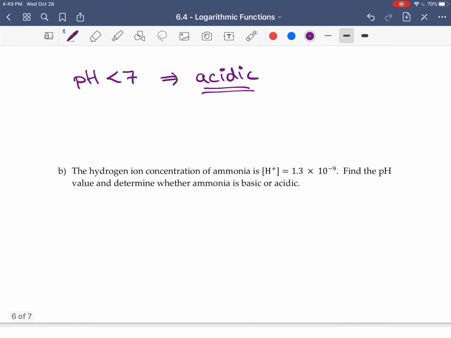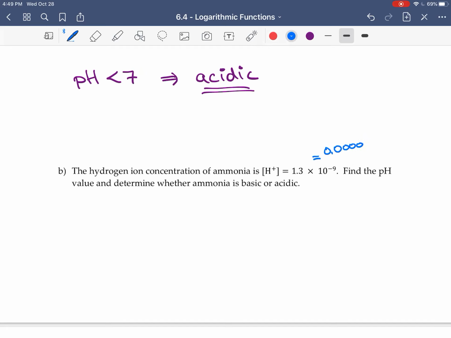Okay, if we test the hydrogen ion concentration of ammonia, we get an H plus value of 1.3 times 10 to the negative 9. That's scientific notation. So what that means, let's just write that here.